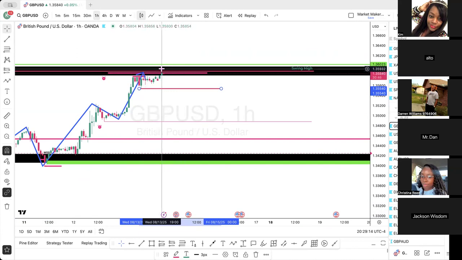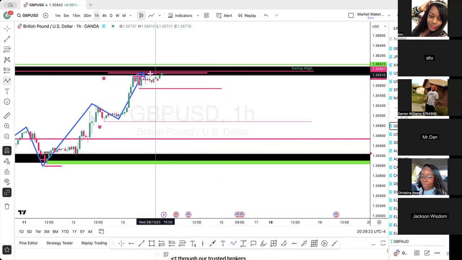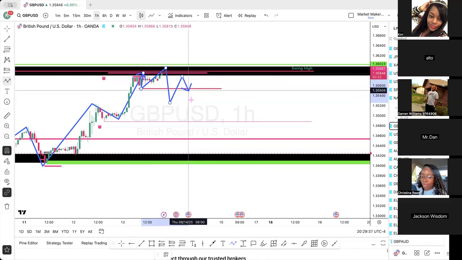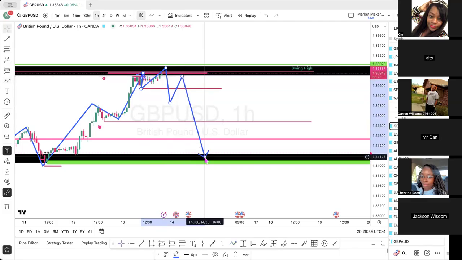And then once price closes above your high, the market structure shifts to the downside. So you had this pullback and then this close above, so now this is your last swing. You need this shift in structure, pull back, and then sell it down to here.